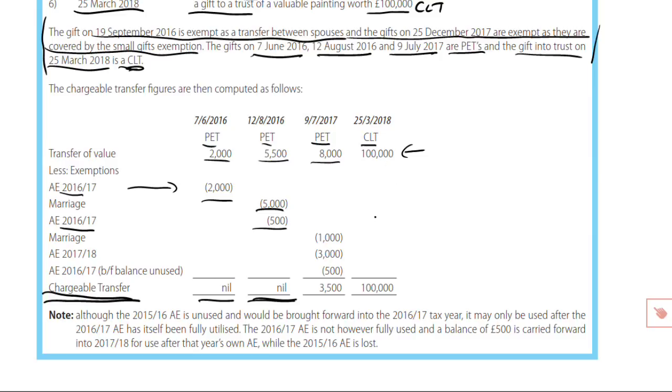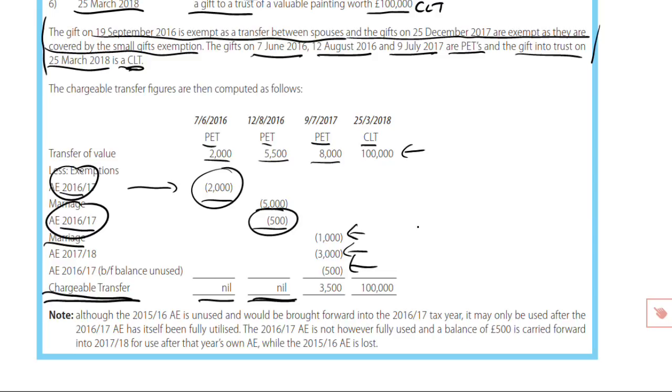That again was to a nephew, but on the occasion of a marriage. So we got a marriage exemption here of £1,000. It's the first in the 17-18 tax year, so we get the full 3,000 for the current year. We've only used 2,000 plus 500 of the 16-17 annual exemption, so there's 500 remaining.